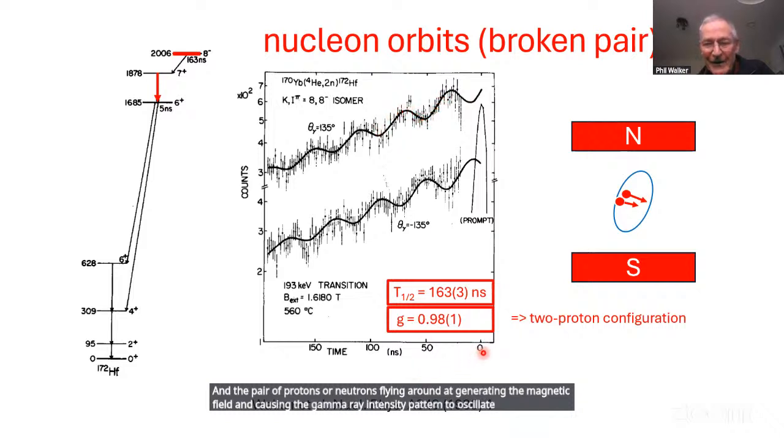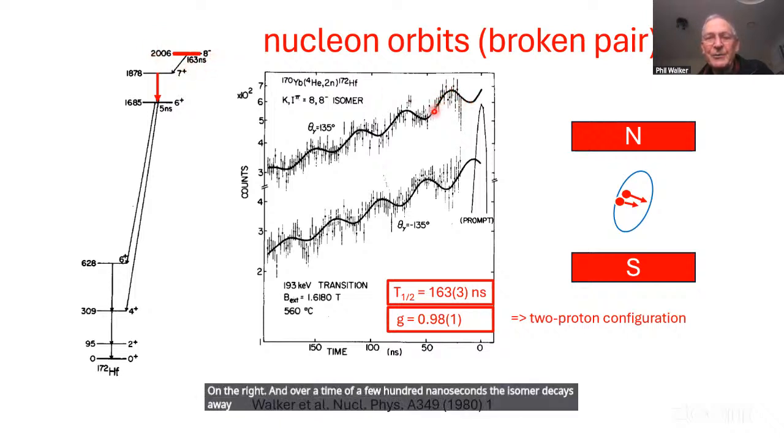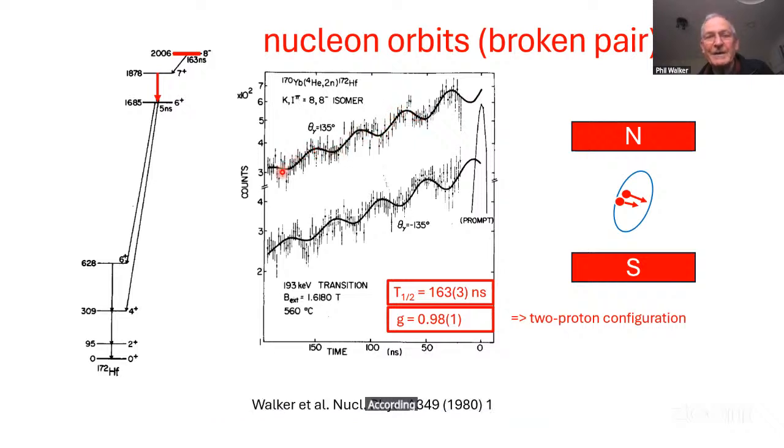As time goes backwards here, sorry, that's perhaps a little confusing, but the zero time of the creation of the nucleus is on the right. And over a time of a few hundred nanoseconds, the isomer decays away and the angular distribution pattern oscillates according to the strength of the magnetic moment.